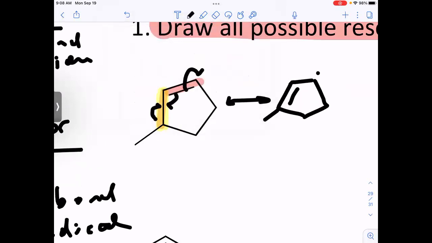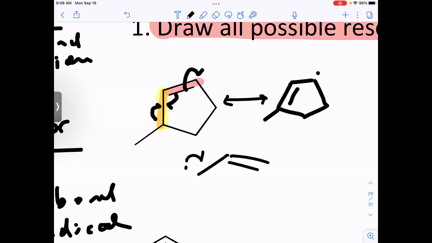And then you can do it again. You can go back and forth between them. That's why when you do resonance, you use a double-sided arrow, because you can go back and forth between these 2 resonance forms, right? So the allylic radical always rearranges the same way.